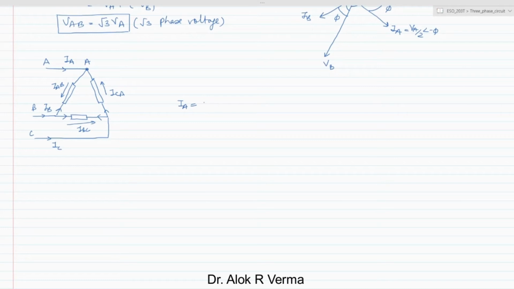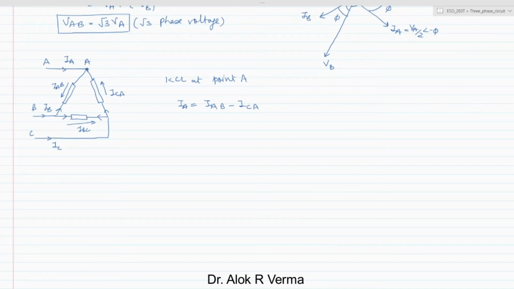So IA is nothing but IAB minus ICA, from KCL at point A. So this is point A or phase A coming at this point.